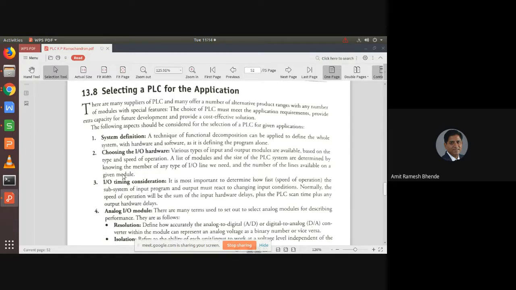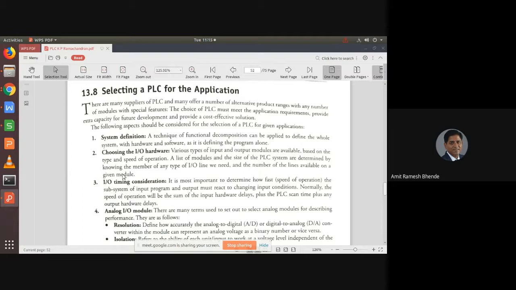Now this PLC hardware has its fixed number of input ports and fixed number of output ports. Now if your application involves 9 sensors, imagine you are developing an application where 9 sensors are required, and we know that sensors are input devices. So 9 input devices.